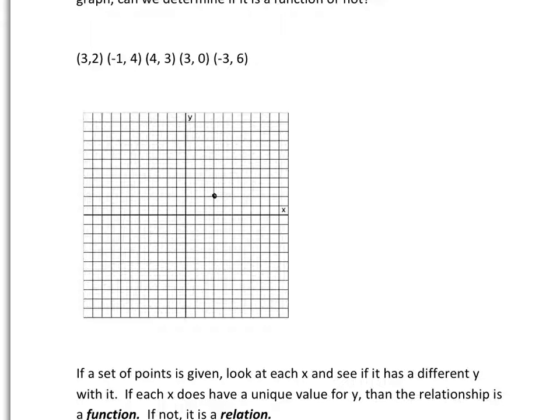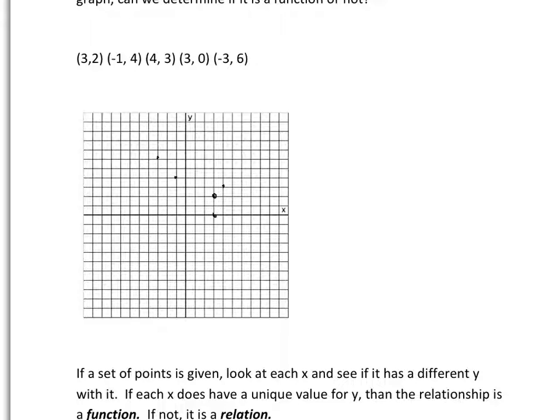Negative 1, 4 is up there. 4, 3 is right there. 3, 0 is right here. And negative 3, 6. 1, 2, 3, 4, 5, 6 is right there.